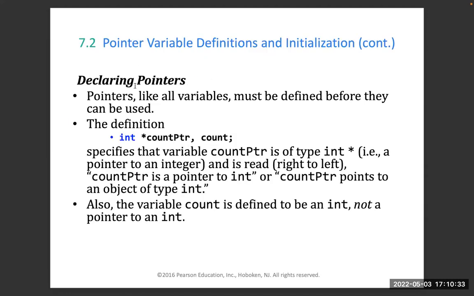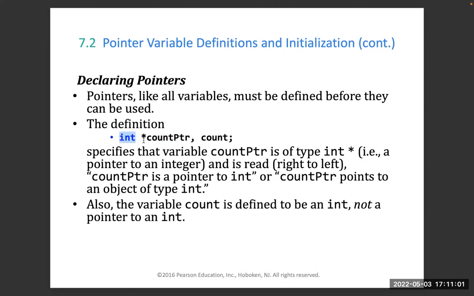Okay, so declaring pointers. Pointers, like all variables, must be defined before they can be used. So this is the definition: int *countPtr, count. So *countPtr defines a pointer to an integer variable.